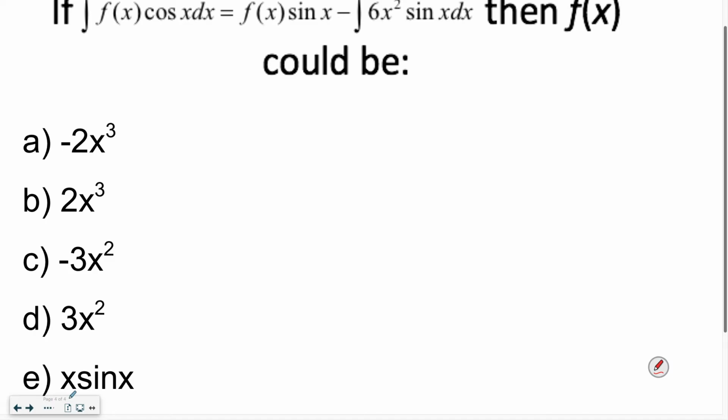Can you see it all? Okay, I'm going to give you 60 seconds of silent thinking.